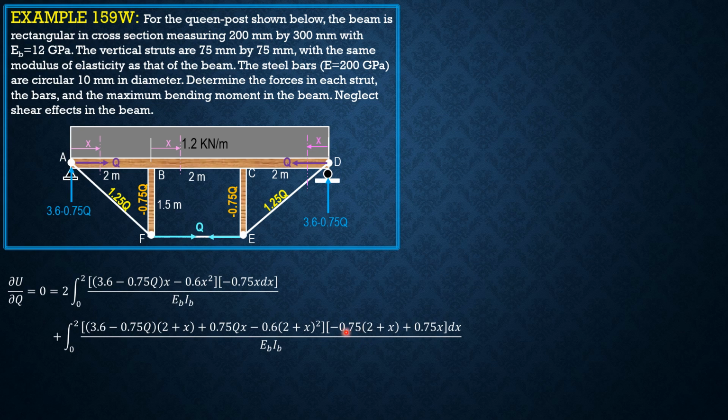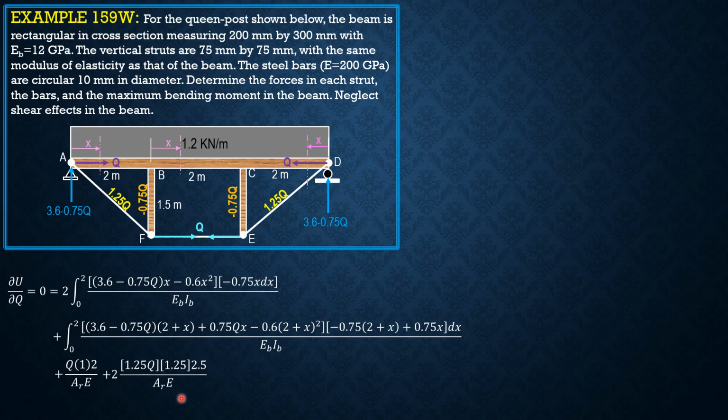Then for the axial forces, let's begin with Q times 1, the length is 2 over area of rod, E of rod. Then for these two combined, or times 2, 1.25 times derivative 1.25, the length is 2.5 over area of rod, E of rod.